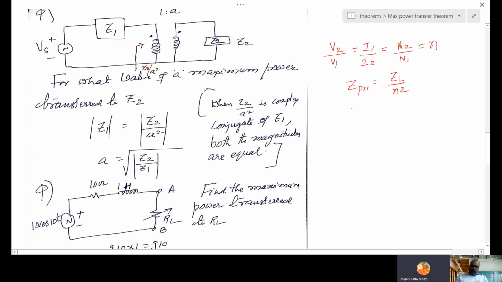If the primary is loaded with ZL, then looking from the secondary you get ZL into N square. These are the transformer related formulas.